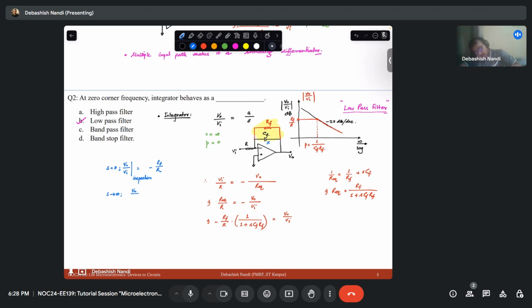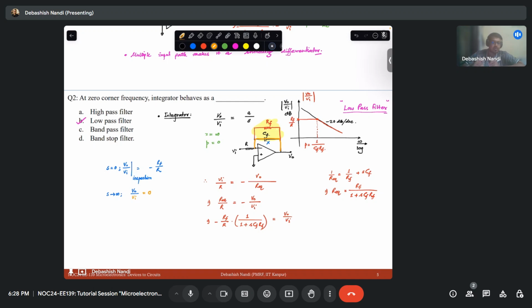Then my V out by V in will be 0. Okay, so that is what the response of a low pass filter is. At low frequency, it allows the signal to pass from input to output, and at high frequency, it blocks the signal.